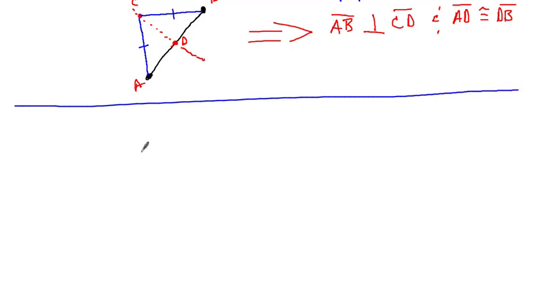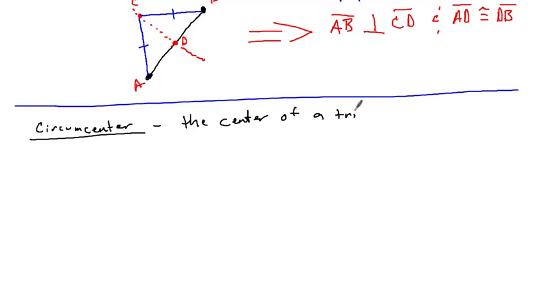All right, quick vocabulary word. There is something in geometry called a circumcenter. And real quickly, it is the center of a triangle's circumscribed circle.